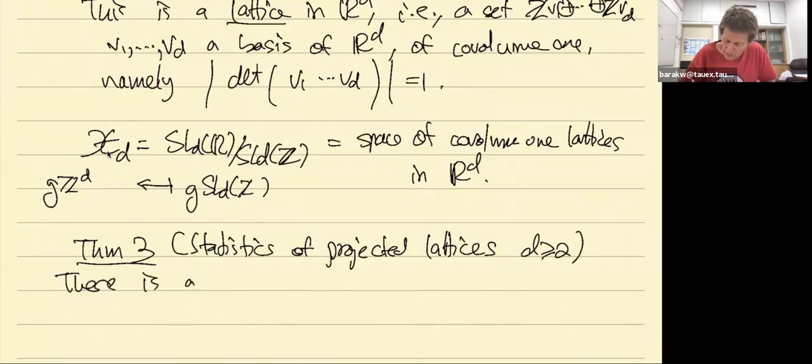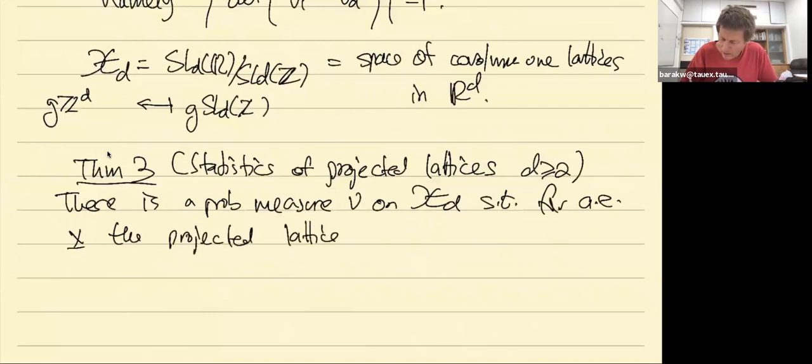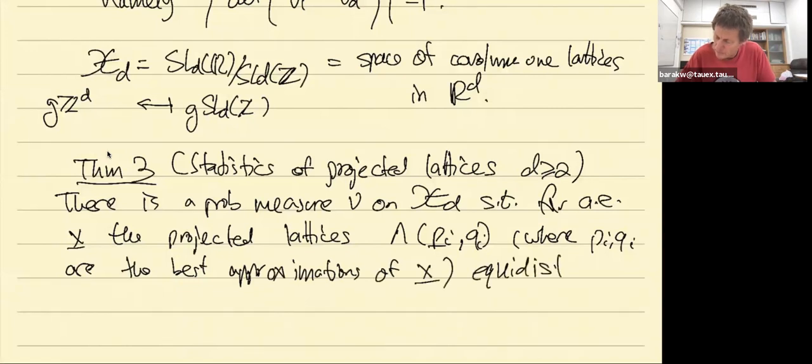And it says that there's a probability measure mu on the space of lattices such that for almost every x, the projected lattices, where P_i, Q_i are the best approximations of x, equidistribute with respect to this measure.